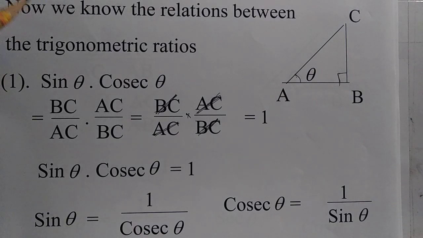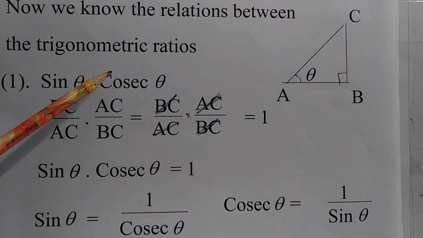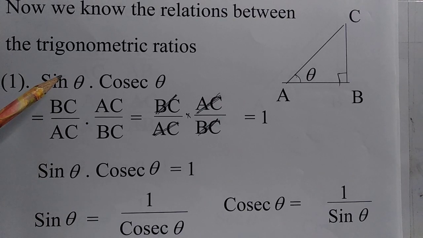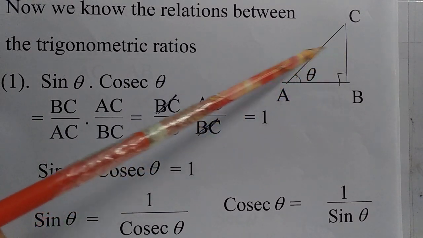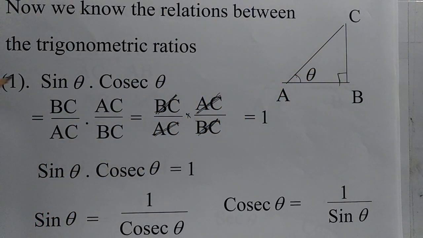Now we know the relations between the trigonometric ratios. First relation, sin theta into cosecant theta. We know that sin theta is defined as opposite side to theta by hypotenuse. Here opposite side to theta is BC and hypotenuse is AC. So sin theta equal to BC by AC.